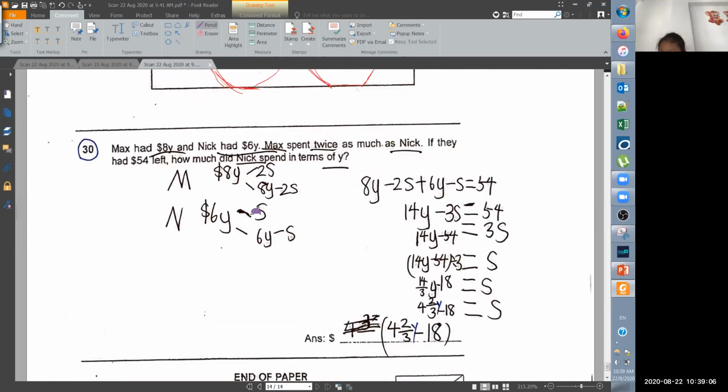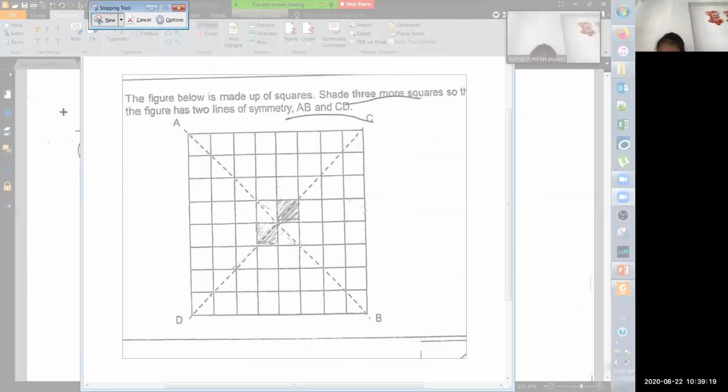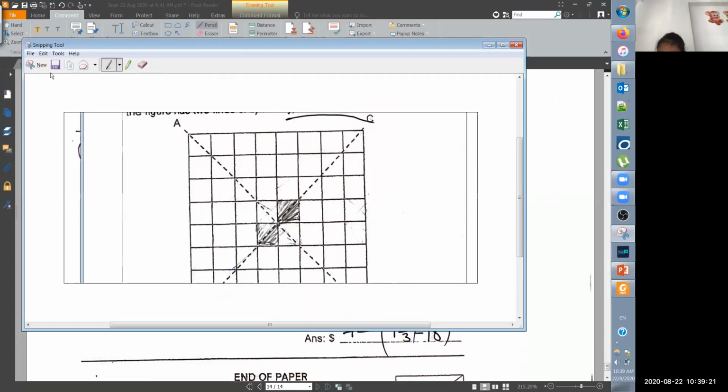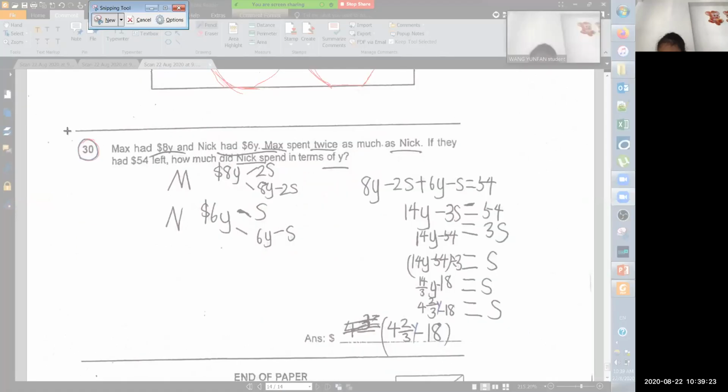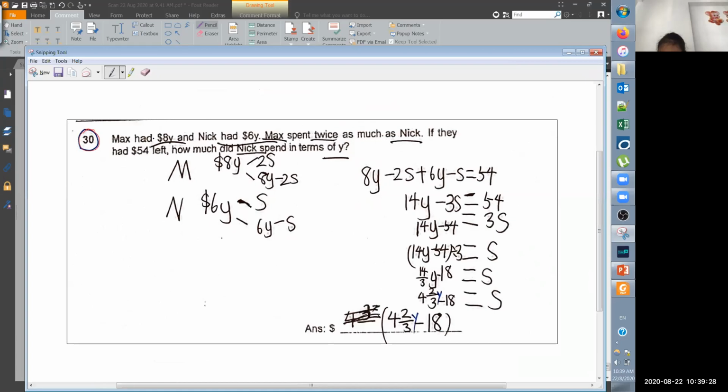Okay, so what's wrong with this? Is there anything wrong with 30? Something is wrong, right? Okay, let me get it out. So first thing first, Max has 8y, Nick has 6y. And Max spent twice as much as Nick.